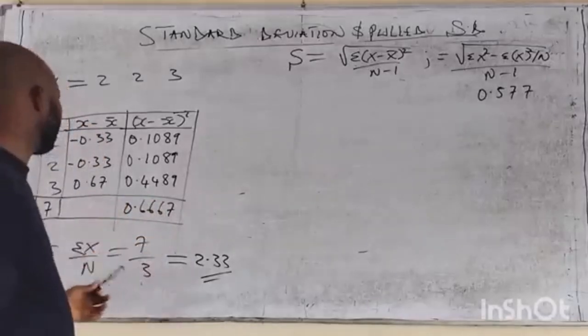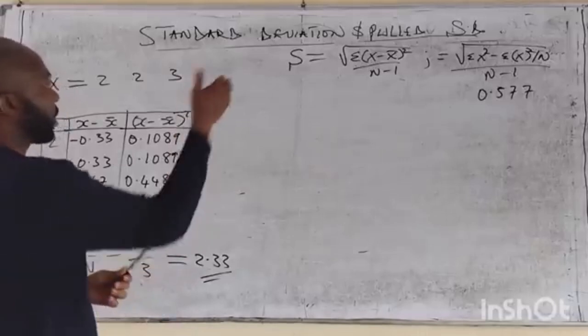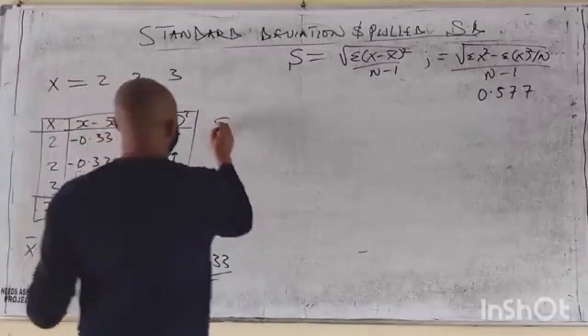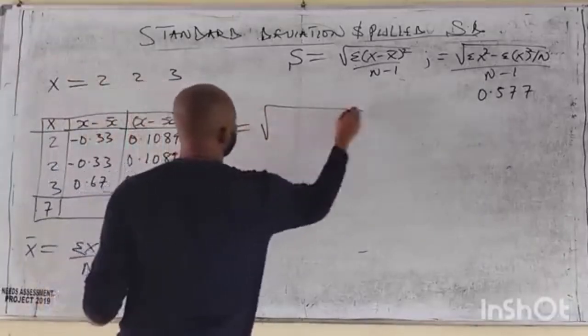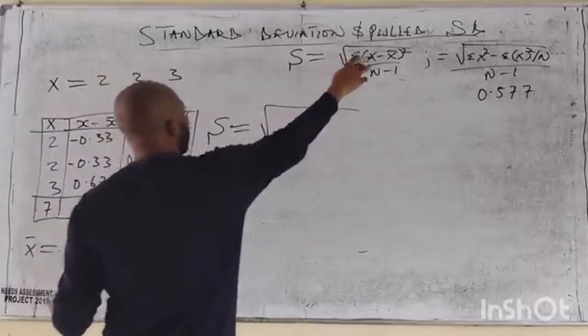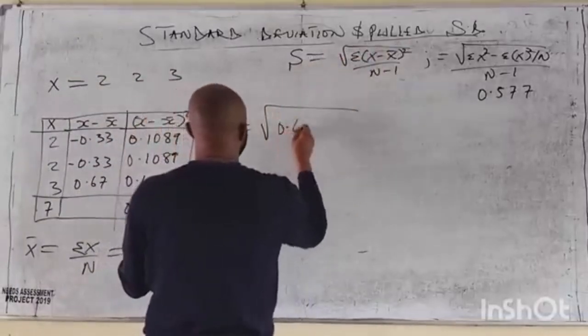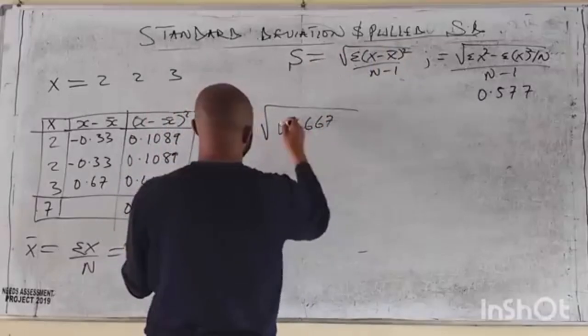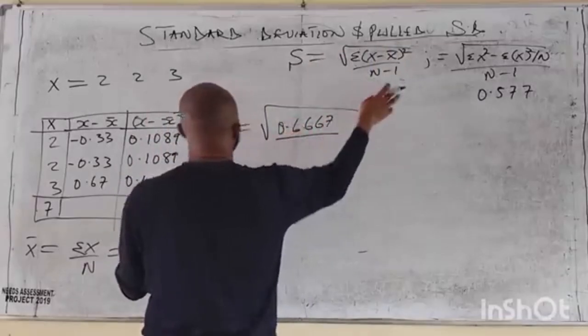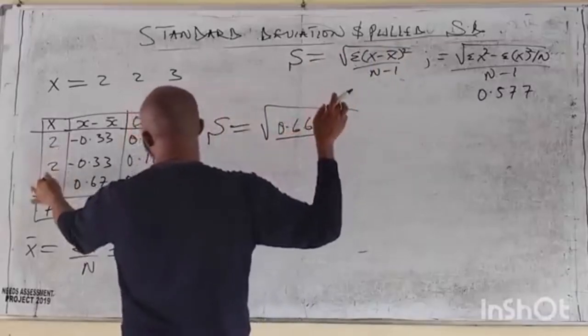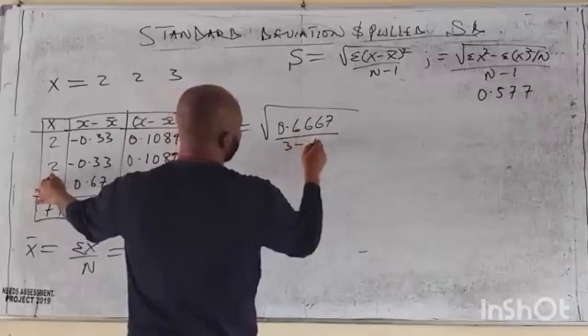Now, application. From the formula, I have the standard deviation is equal to the root of the summation of x minus x bar squared, which is 0.6667, all over n minus 1. N is 3, minus 1.